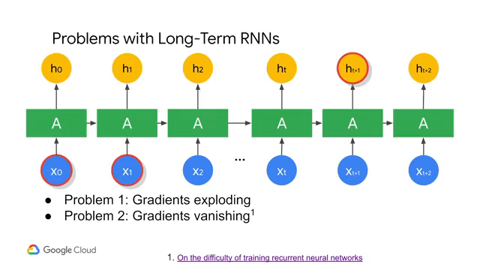There are two main problems with long-term RNNs, and both are related to the gradients and the effect of chaining on them. As the gradients pass through the whole, potentially long sentence, they can be unstable either way, either exploding to very large values or vanishing towards zero.